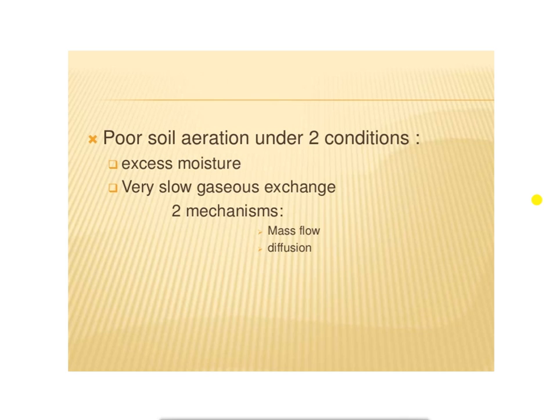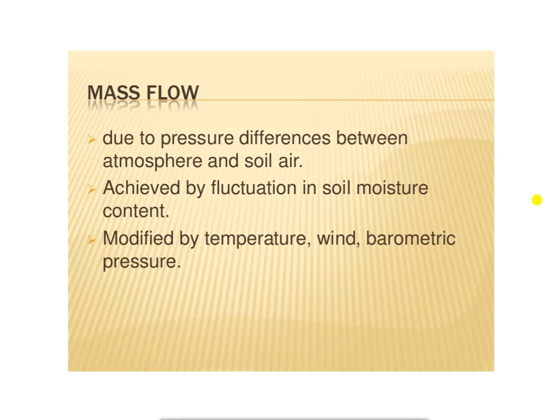The two mechanisms for gaseous exchange between soil air and atmosphere are mass flow and diffusion. The first important process of exchange of gases is mass flow.